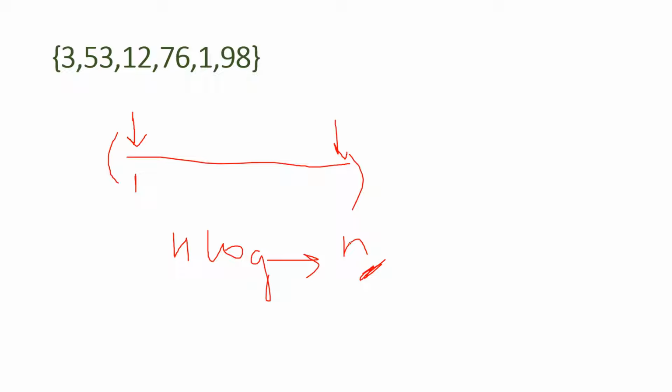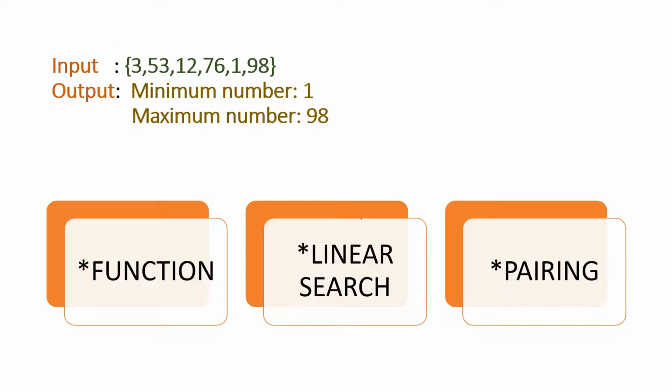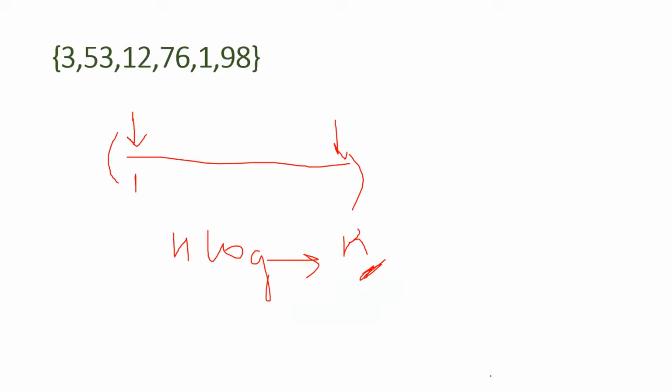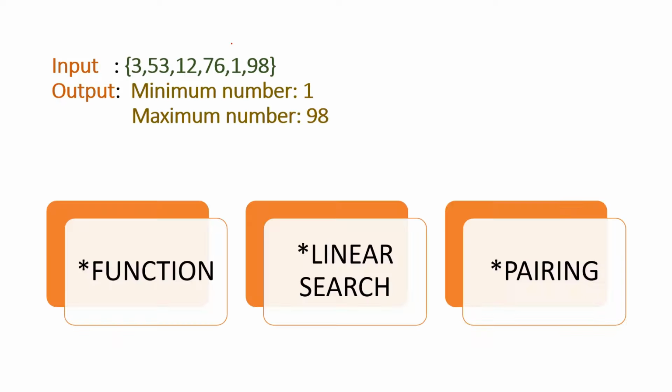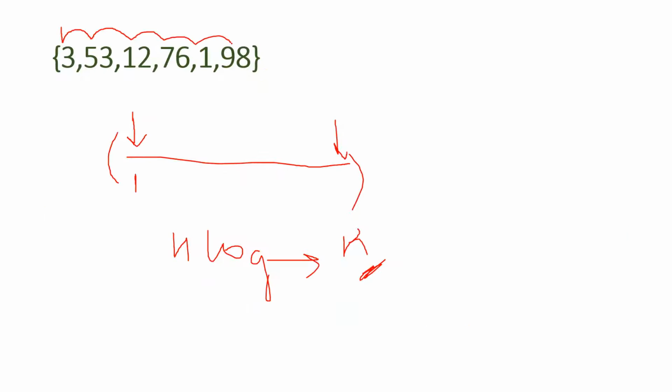And when it comes to n time complexity, we are looking at linear search, which is our second method. In linear search, as we all know, it goes from the first element to the second, third, till the last element, searching each and every element and finding the minimum and the maximum value. The third method is called pairing.